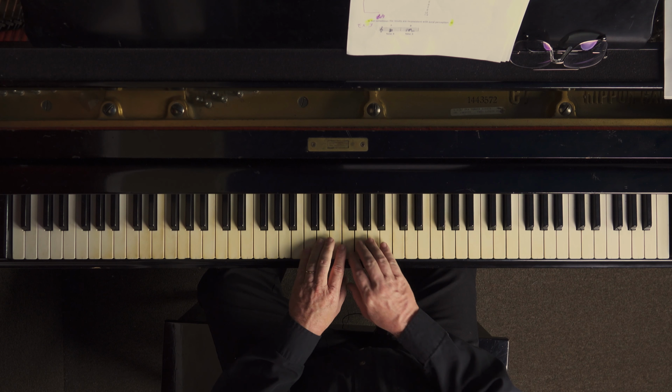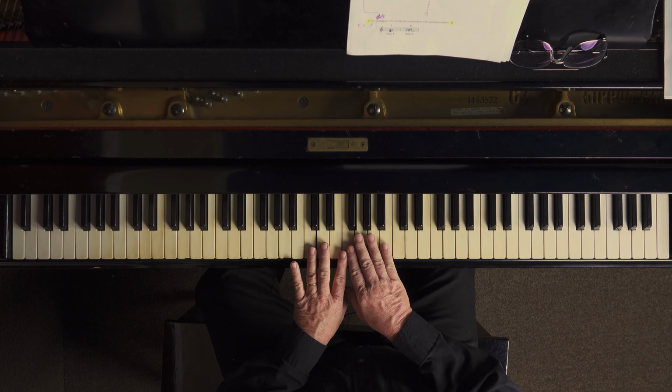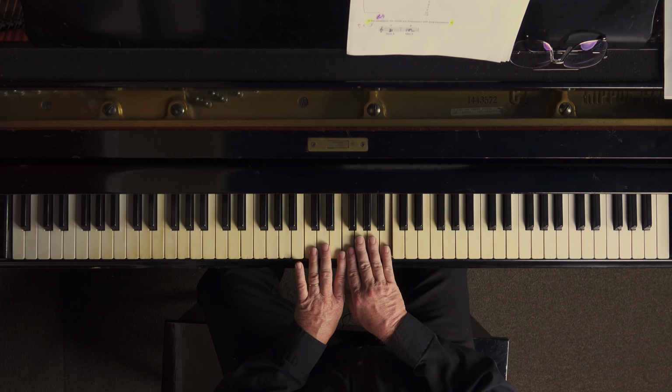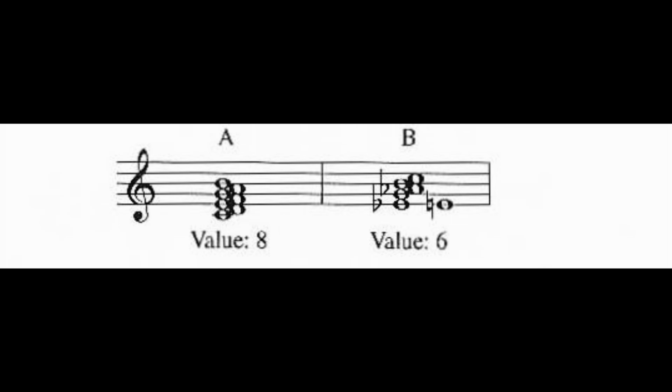So in example 3, you see where the problems start to come in. Let's take a look at example 3A, which is just basically a major scale, but all played simultaneously. It has a value of 8 in Persichetti's system, and here's the second example, B, which has a value of 6.